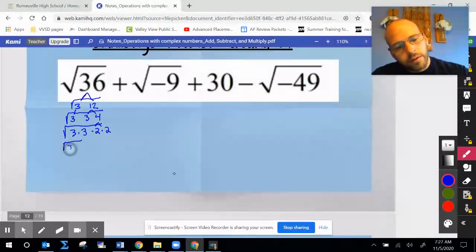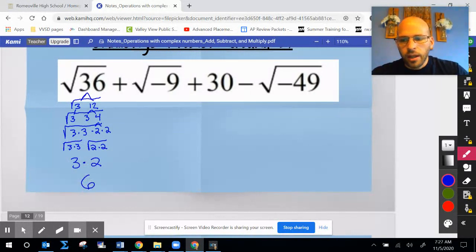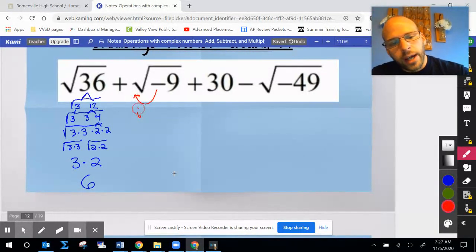So I have two 3's, I have two 2's. So 3 times 2 is just 6. Now I'm going to do the same thing for my next radical. Now we know we're going to have an i. I can break down that 9 a little further to be 3 times 3, which gives me a 3i.